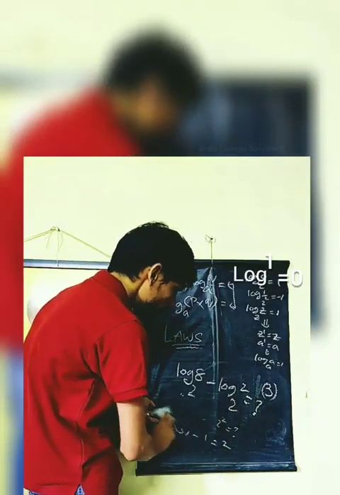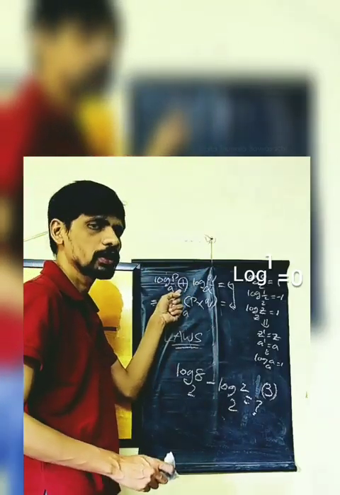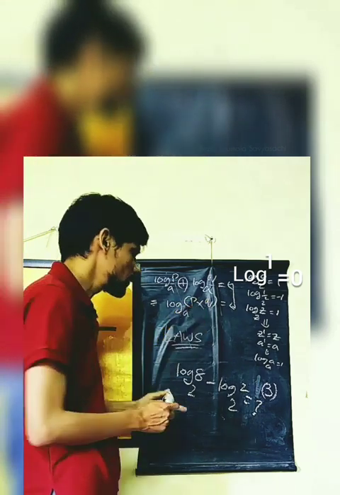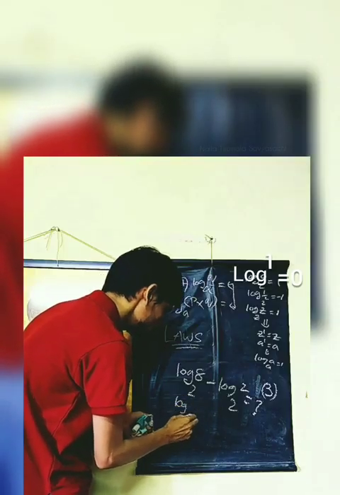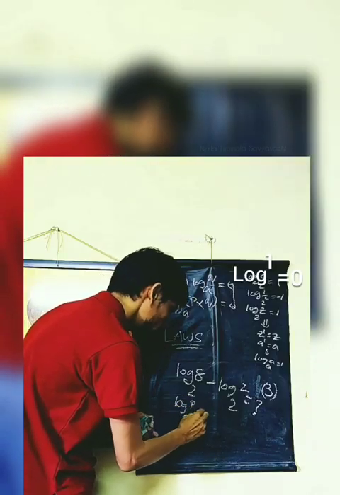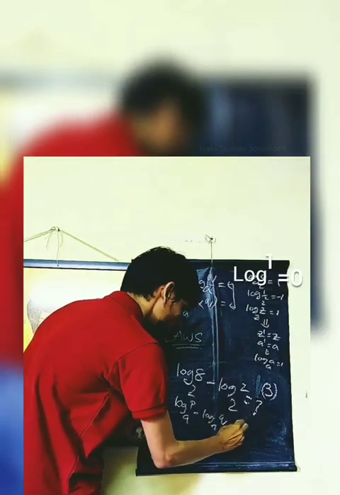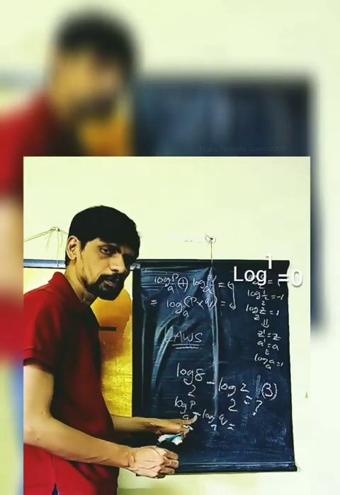But in the same way, whatever we did here when we were dealing with plus, we simply multiplied p and q. In this case, for example, let's imagine log a p minus log a q equals, here I am doing subtraction.